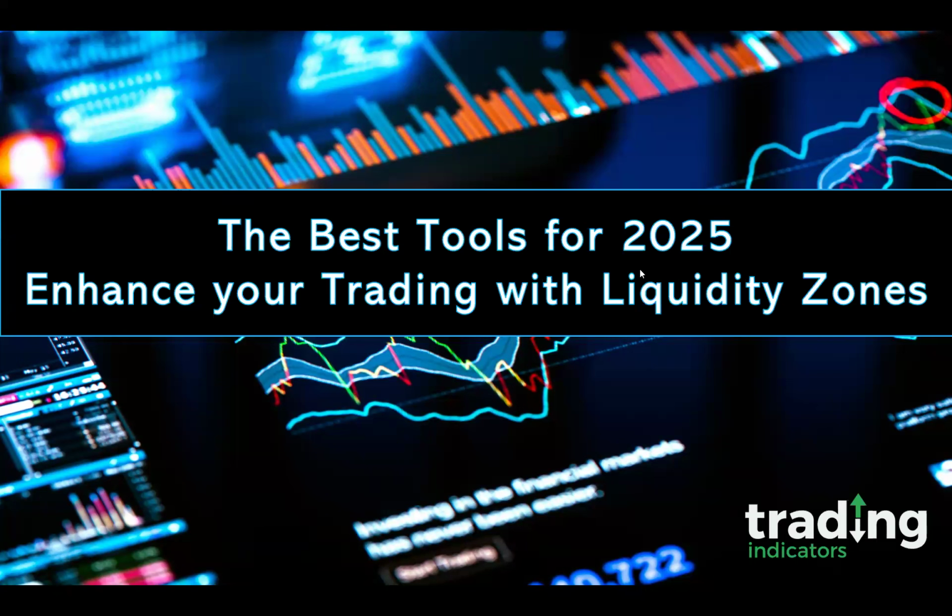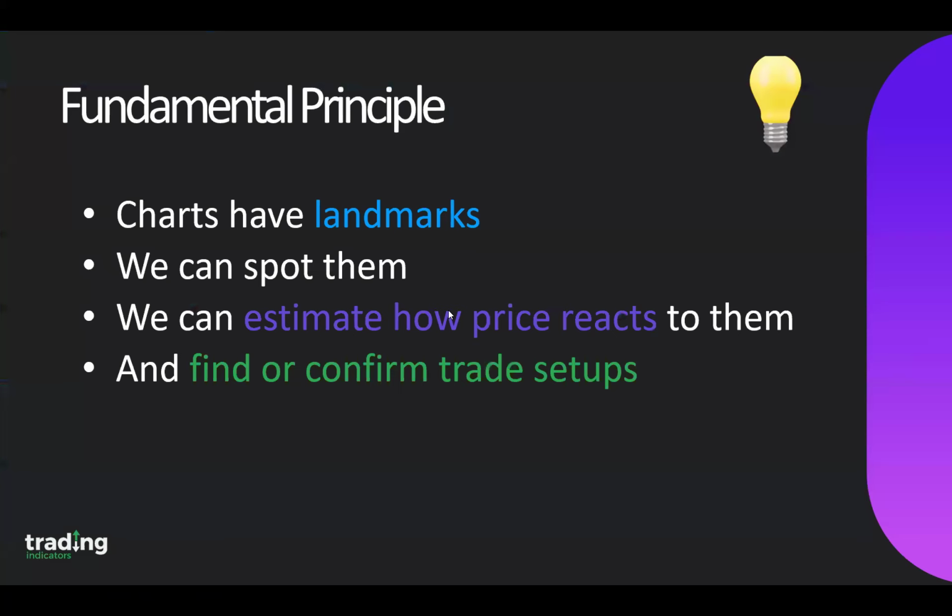So that sounds a bit cryptic. We're going to ease into this topic. What we noticed, and this dates back maybe to 2023, but it is super relevant today, and it will be relevant for 2025 as well, is that every single chart has what we call landmarks. It doesn't matter what chart it is. It could be a 5-minute chart, a 30-minute chart, a daily chart. It could be a stock chart, a futures chart, a crypto chart.